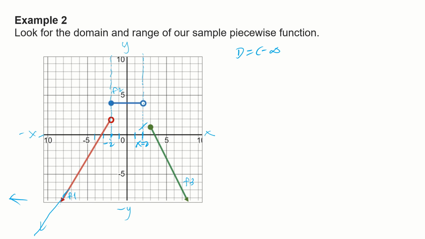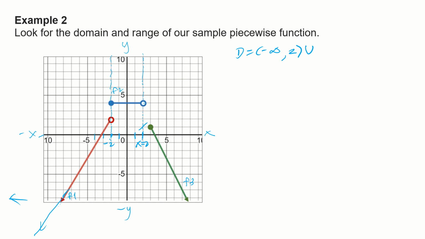We do not see any sharing of the value x is equal to 2 in this section of the graph. Since in subfunction number 2, 2 is not included, we write 2 as not included, and we create a union.